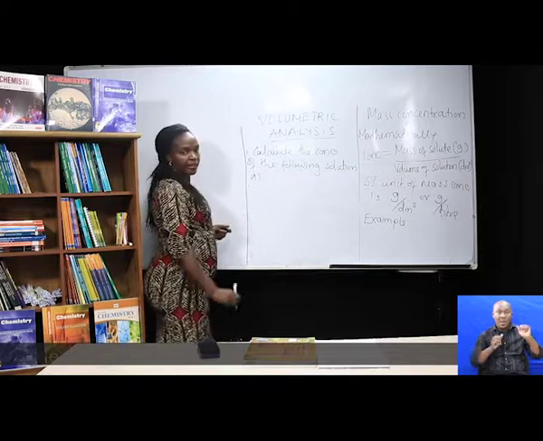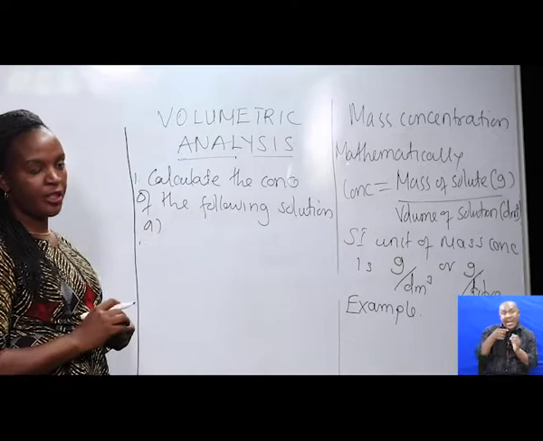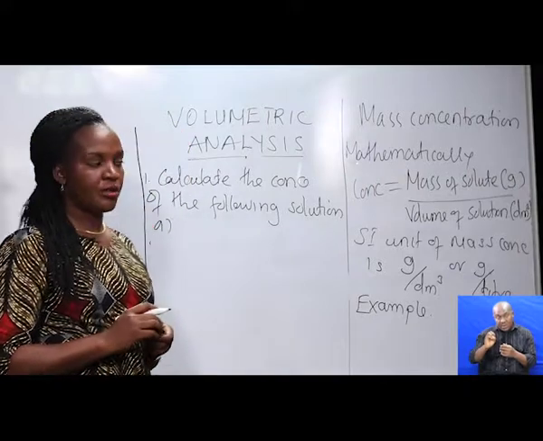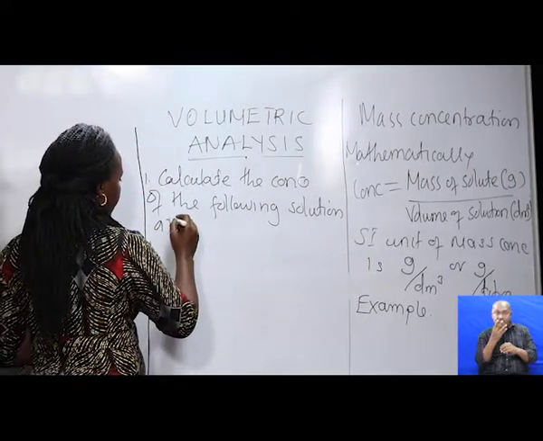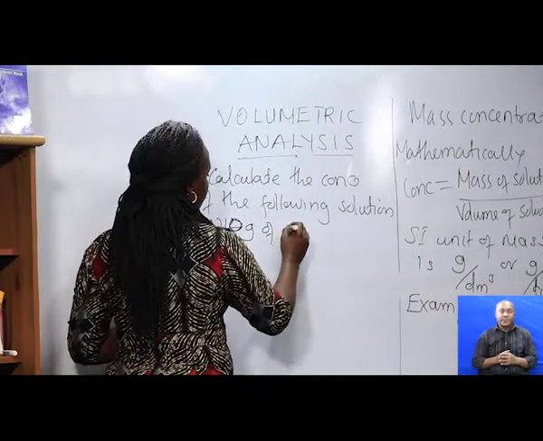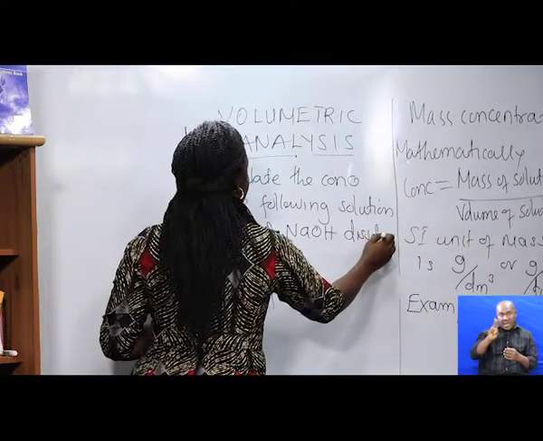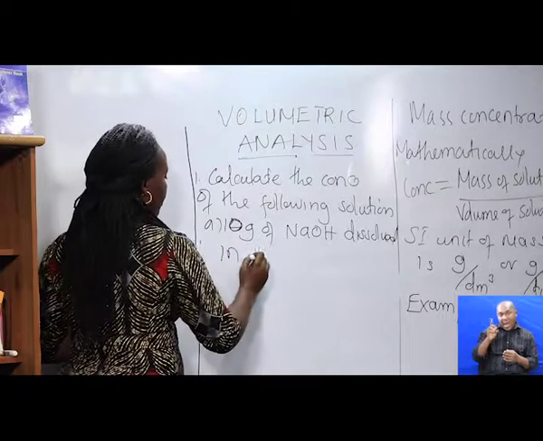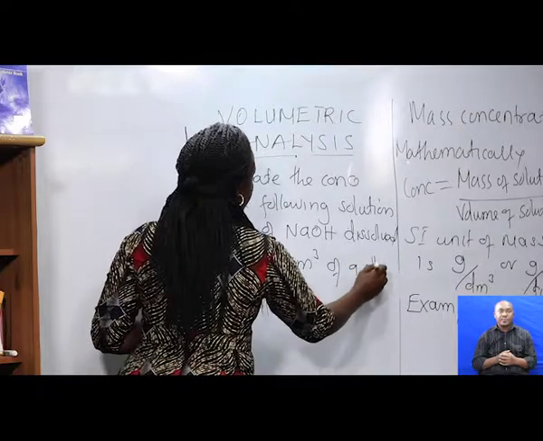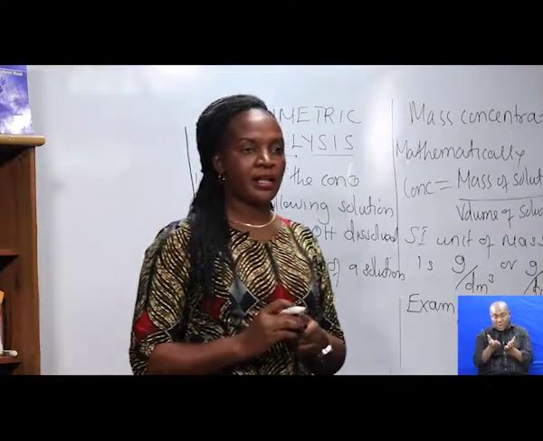A, you are provided with 10 grams of sodium hydroxide dissolved in 400 centimeter cubic of a solution. You are supposed to find the mass concentration.